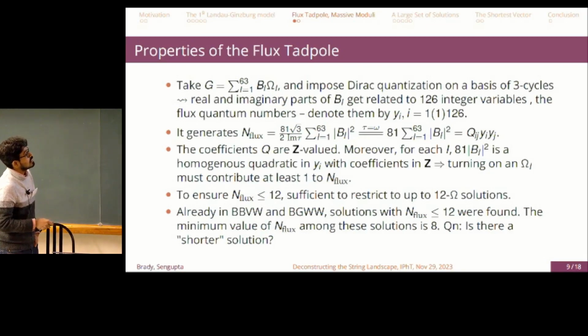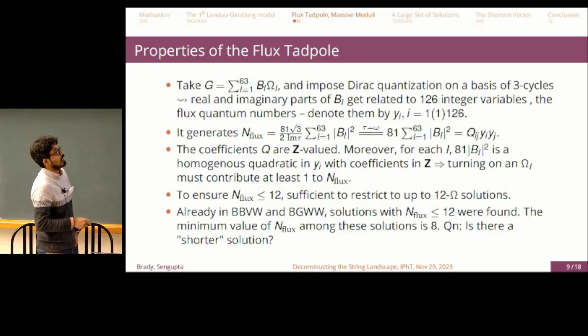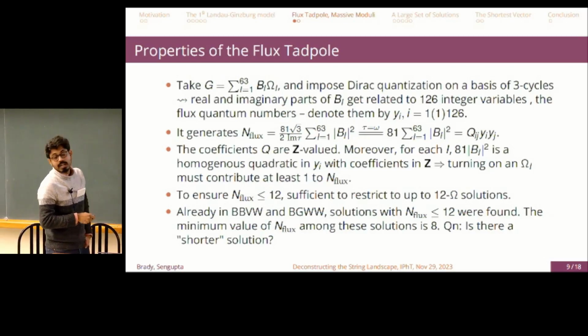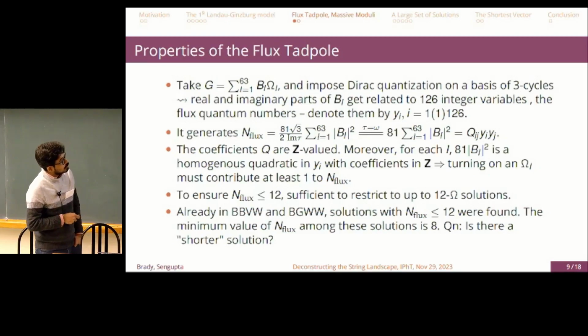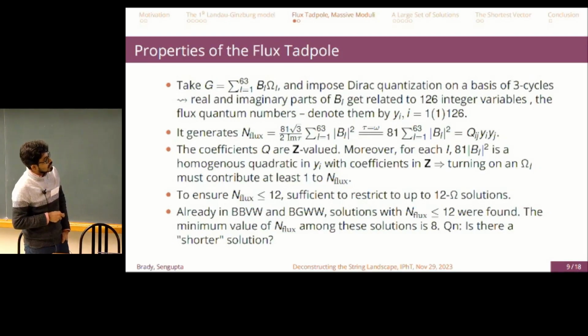So what that means is that if you really do turn on a flux, it must contribute at least 1 to the flux Tadpole. So to ensure that we satisfy the Tadpole cancellation condition, in flux has to be smaller than or equal to 12, it is sufficient to restrict to up to 12, what we call 12 omega solutions, in the sense that you need not turn on more than 12 different fluxes.